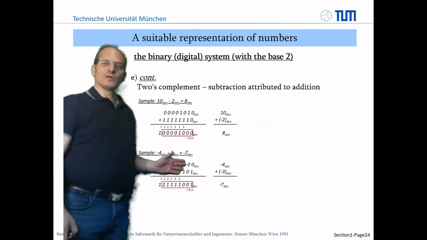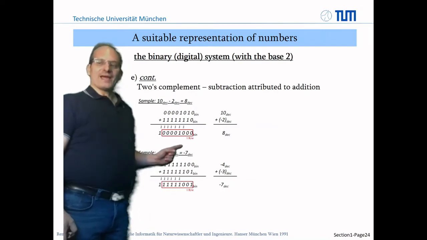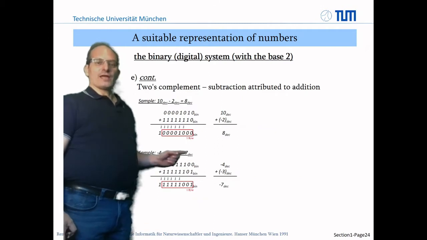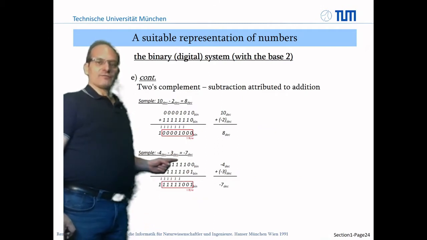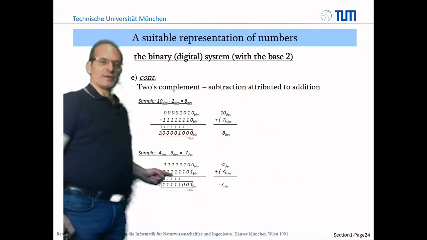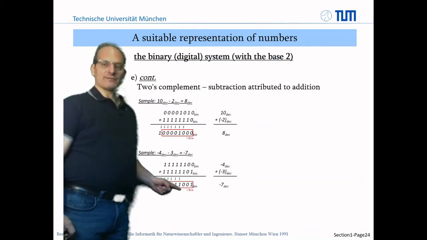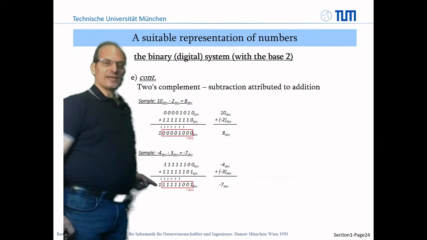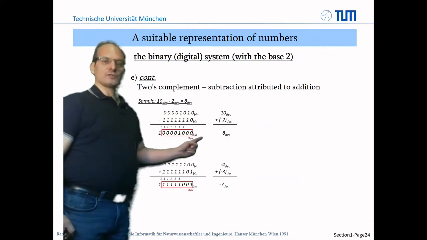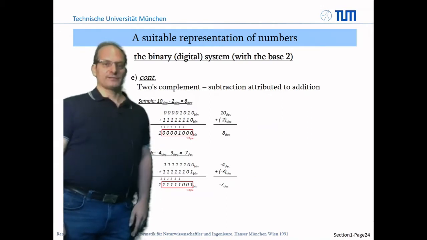Another example can be shown here. For example, if you want to add -4 and -3, then you have these two numbers in 2's complement. You sum them up and you will get -7. You don't take care of the carryover part because you just focus on the 1 byte.